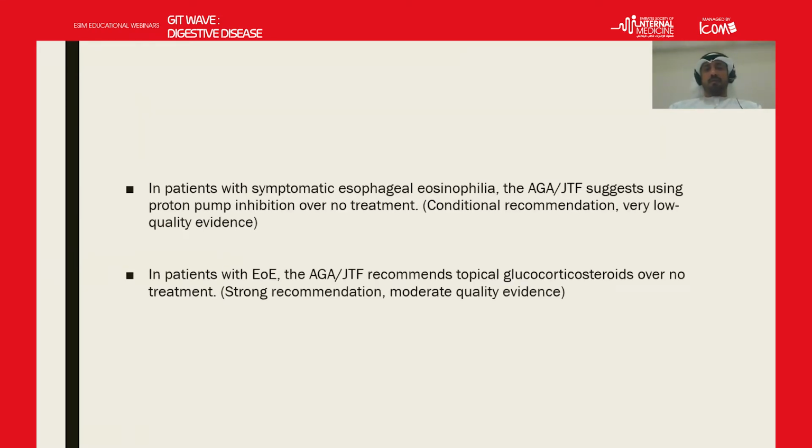They recommend giving a PPI over no treatment in patients with symptomatic eosinophilic esophagitis. Also, they recommend topical glucocorticoids over no treatment. All the recommendations you're going to see here are conditional recommendations with very low or moderate quality evidence, except for the topical corticosteroids, which have a strong recommendation behind them.